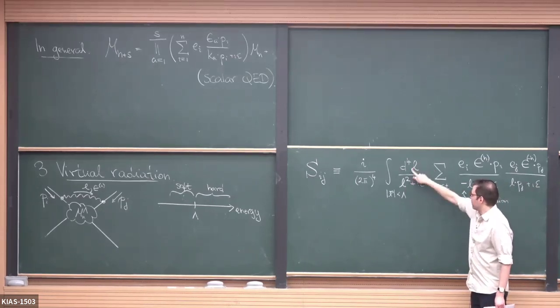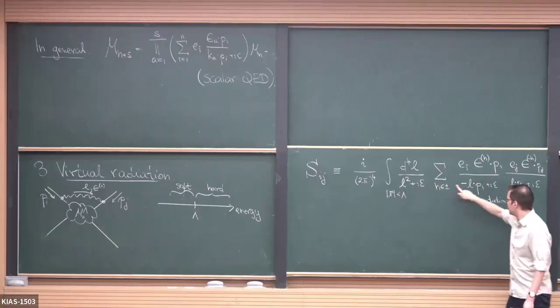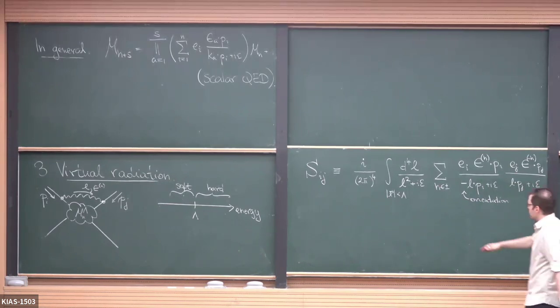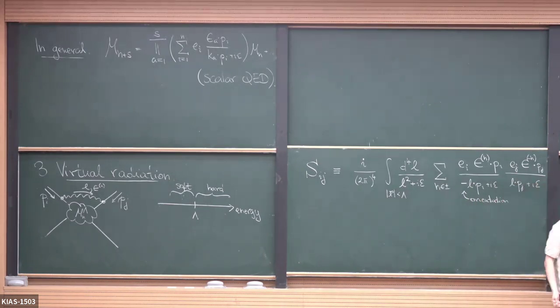We have d^4L, and downstairs we have L squared, something linear in L, and something linear in L. So overall, I have 4 powers of L in the numerator and 4 in the denominator. This means that this integral is actually divergent. So if I just integrate over this, it's not going to give me a sensible answer.